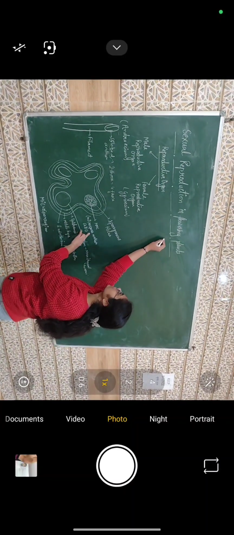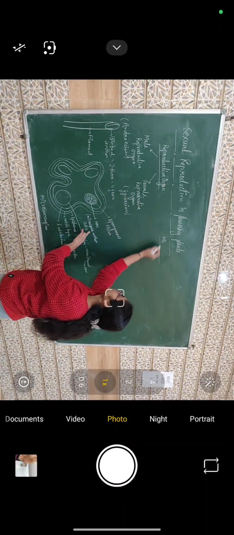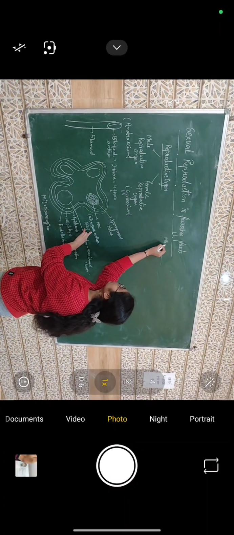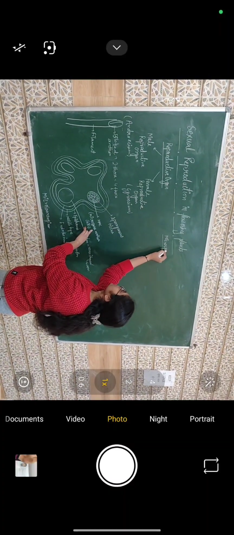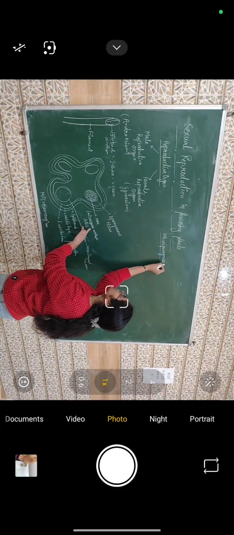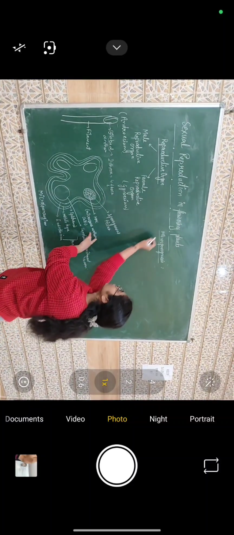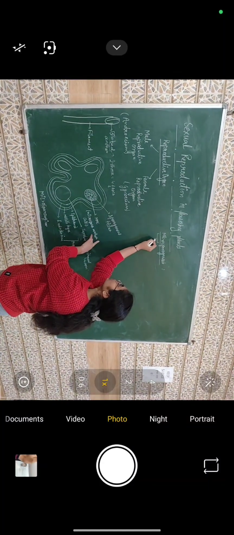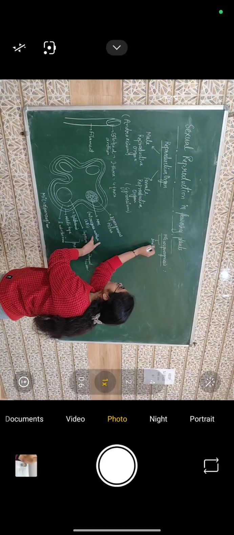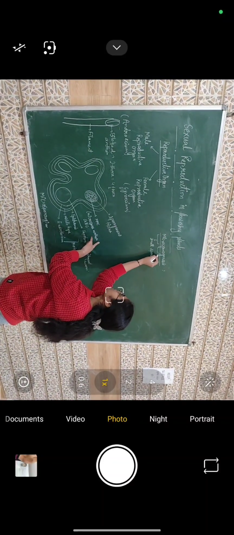So we will study the process of pollen grain formation, which is known as microsporogenesis. By this term, we can conclude that micro means small, sporo means spores, and genesis means formation.